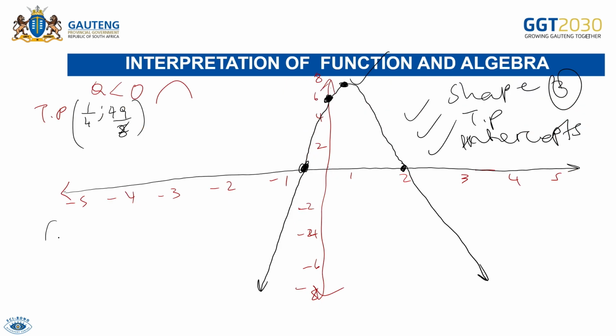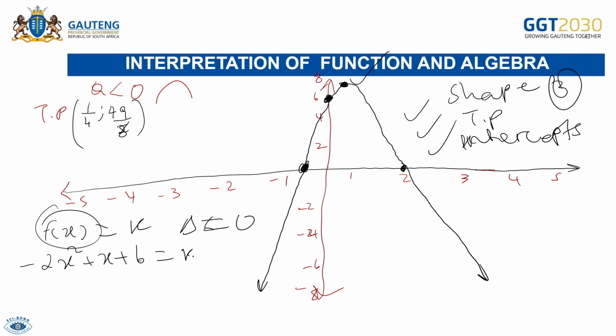So they said f of x equals k, right? It should have equal roots. So for it to have equal roots, your discriminant needs to be equal to 0. So it means you'll say f of x, you know that it's given as negative 2x squared plus x plus 6, equals k.